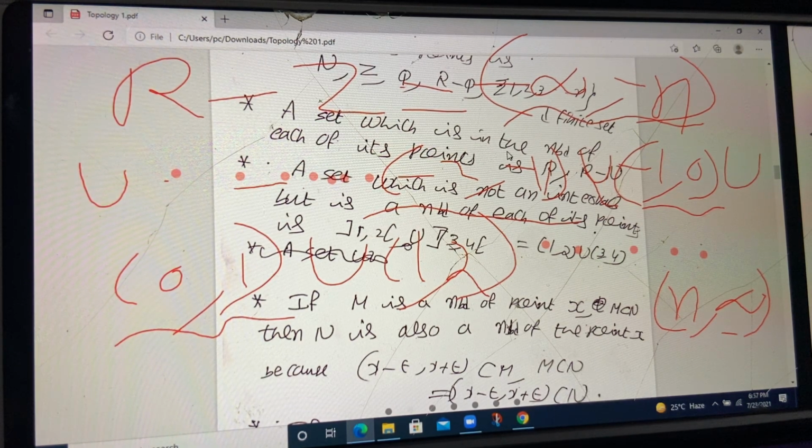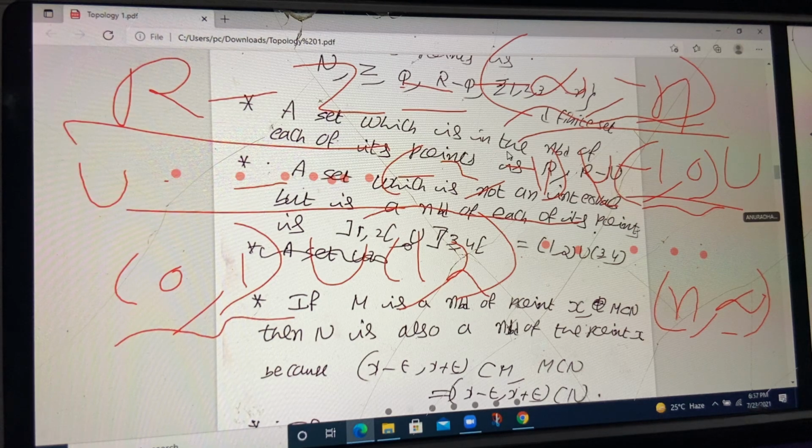An example of a set which is not an interval and is a neighborhood of every point is R minus Z.